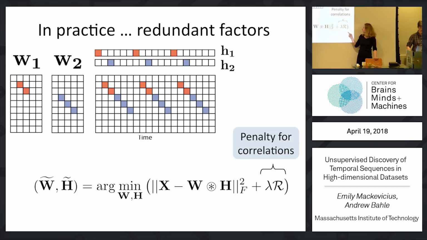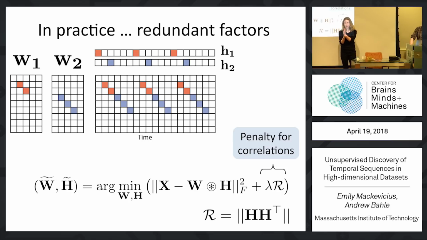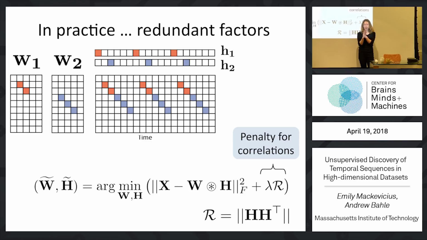The first thing to try would be to add the correlation matrix, HH transpose, to the cost function. This has been done on NMF and works fairly well. The only problem here is that HH transpose only catches correlations that happen at instantaneous time lag.